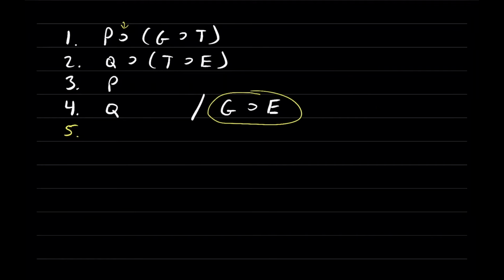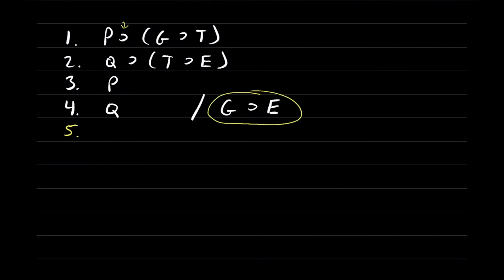We're going to add a new line number 5. And there are a couple of starting places here. Line 1 tells us that if P is true, something follows from that. And line 2 tells us that if Q is true, something follows from that. And lines 3 and 4 tell us P and Q are actually true. So we could start with either one of those two conditionals. Let's just start with the first one.